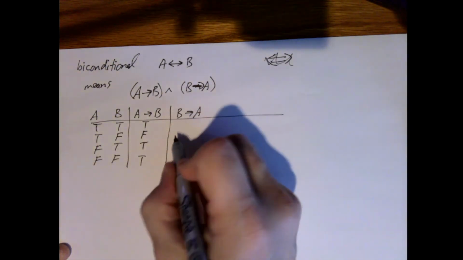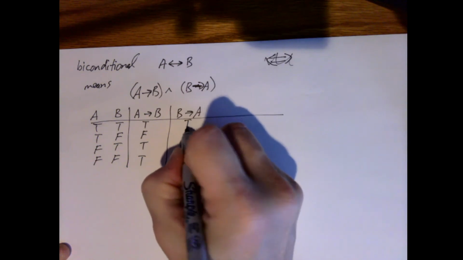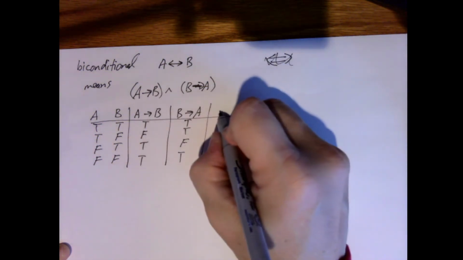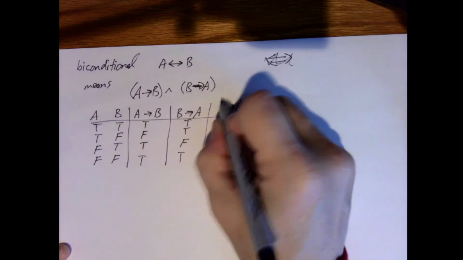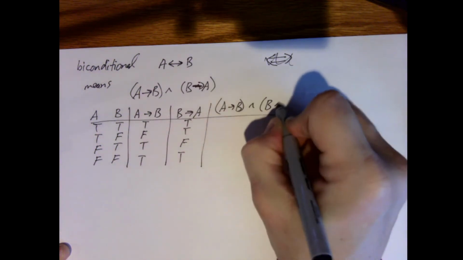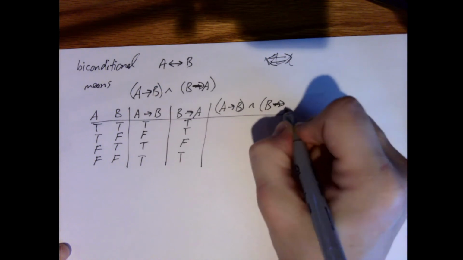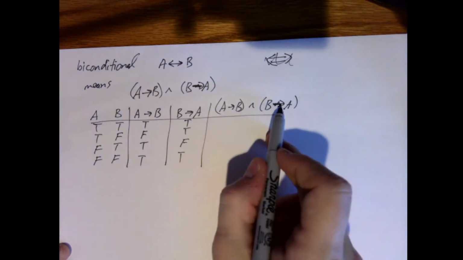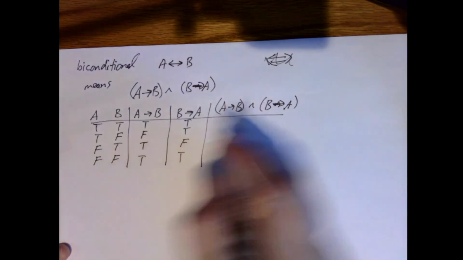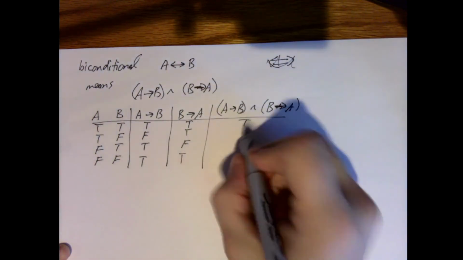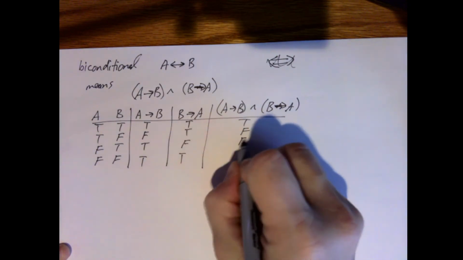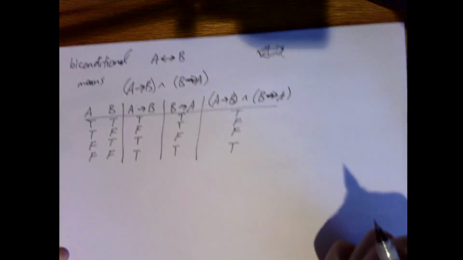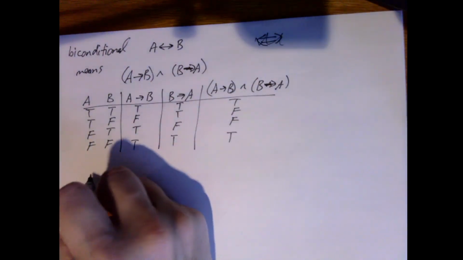That means the statement has to be false and the other three are true. And now when we have the and, A implies B and B implies A, because of the and, this has to be true and this has to be true for them both to be true. So true and true is true, false and true is false, true and false is false, true and true is true. Okay?